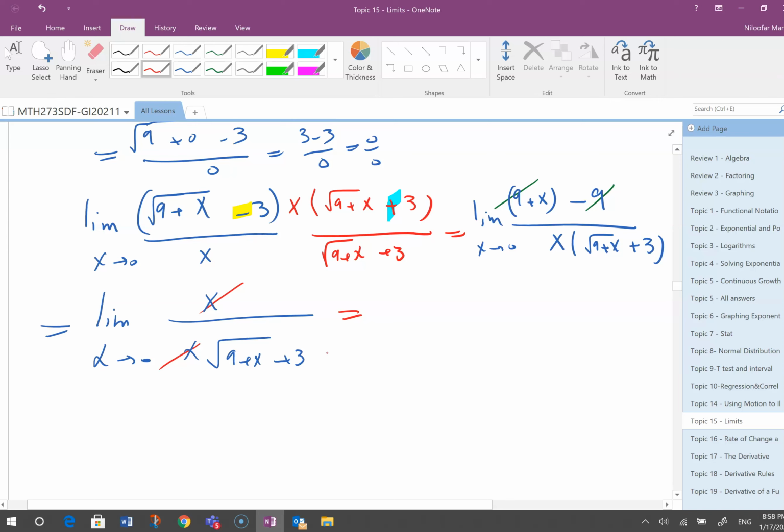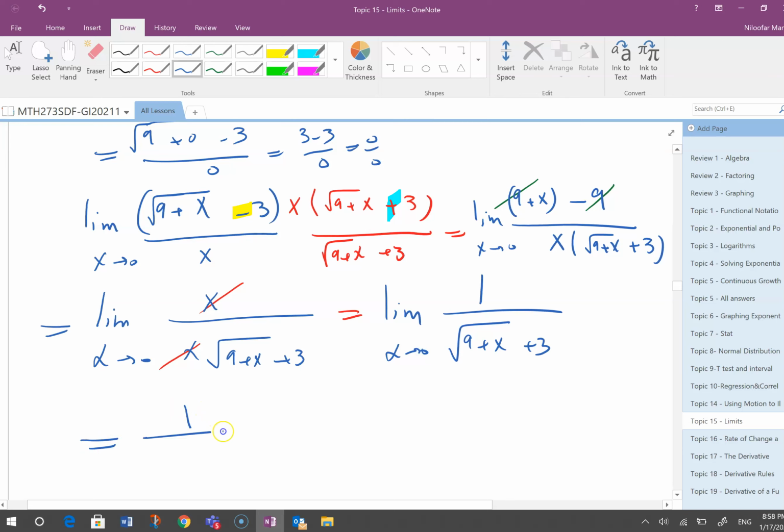So then I have the problem removed, which is 0 over 0. What is left from the top? Limit of 1, not 0. Sometimes I see students cancel everything from the top and write 0. No, it's 1. 1 divided by this, as x goes to 0. Now substitute.